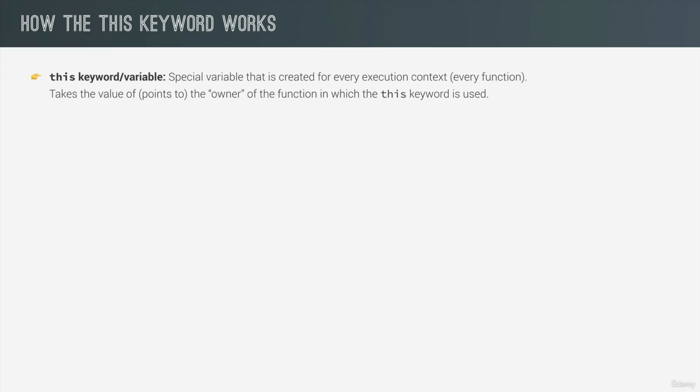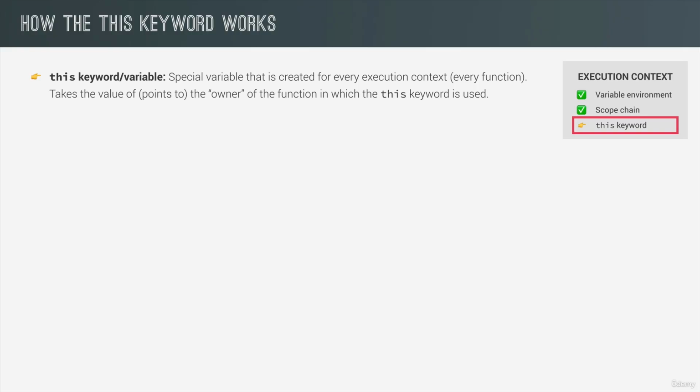So the this keyword, or this variable, is basically a special variable that is created for every execution context, and therefore any function. In fact, we learned before that it's one of the 3 components of any execution context, along with the variable environment and scope chain that we already learned about before.